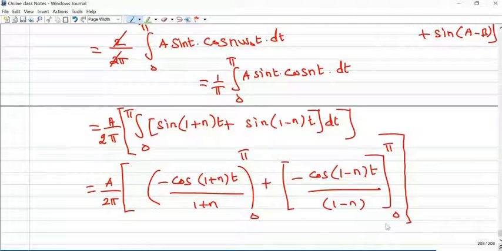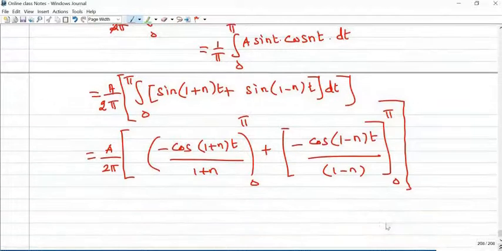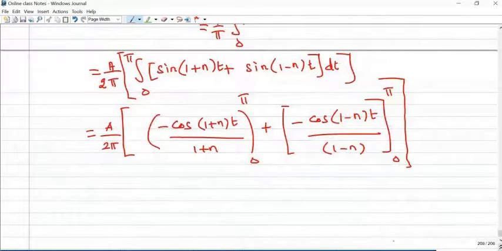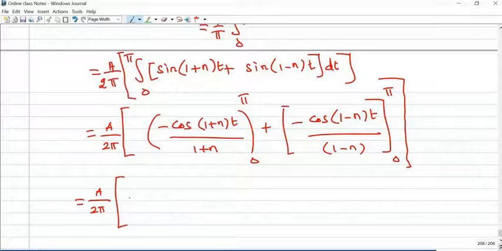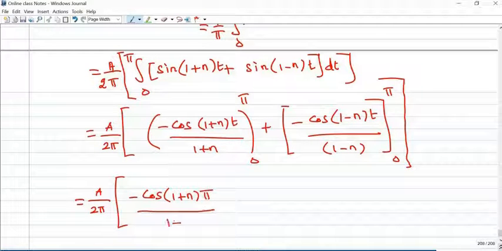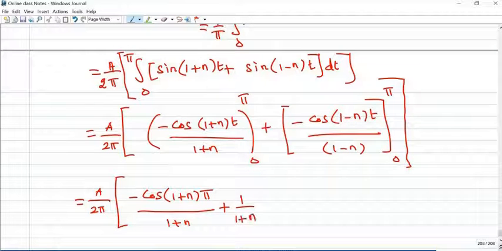Then we need to reduce this equation. Substitute the upper limit first. A divided by 2 pi, minus cos 1 plus n pi divided by 1 plus n. Then minus into minus, plus cos 0, whose value is 1, so 1 divided by 1 plus n.